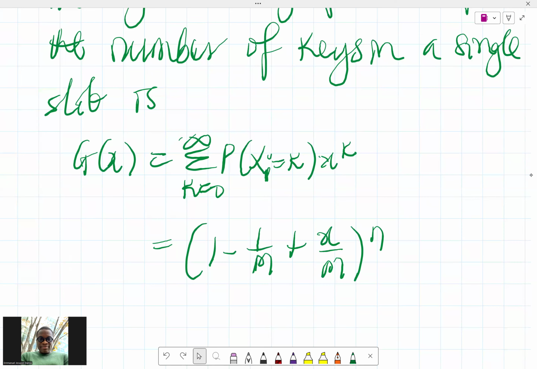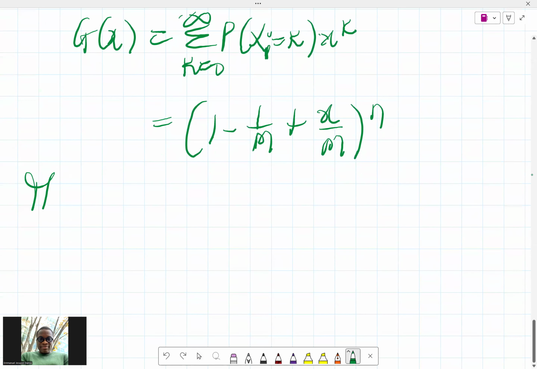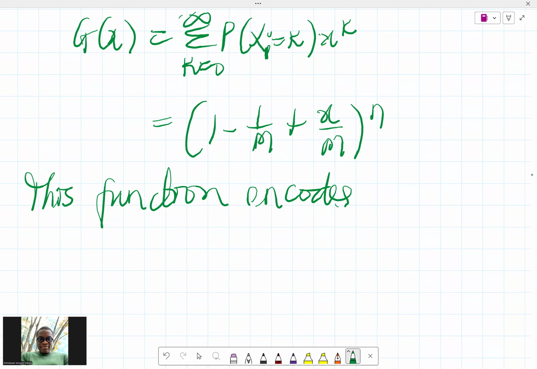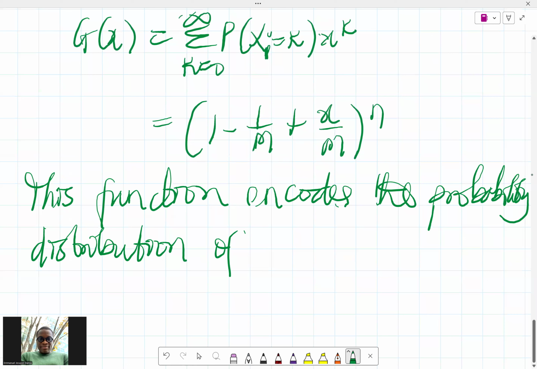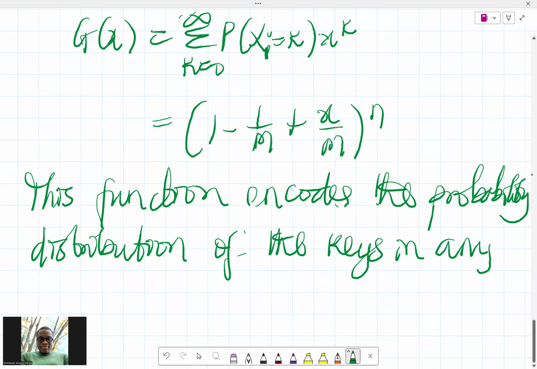We insert the probabilities and evaluate, and we get this. A generating function encodes a sequence, here a sequence of probabilities, so this function encodes the probability distribution of the keys in any given slot.